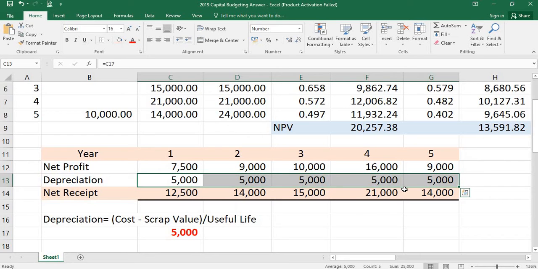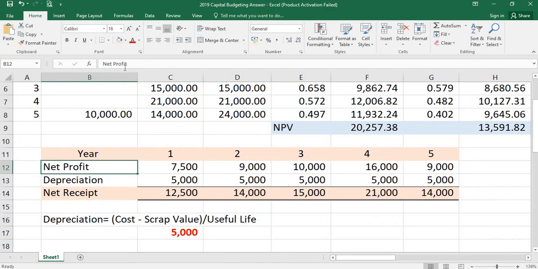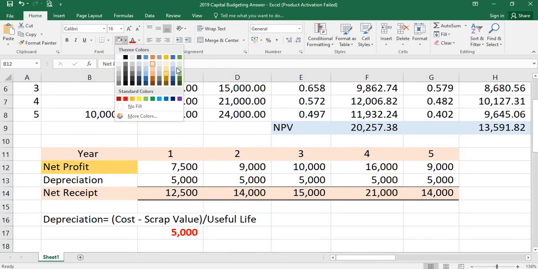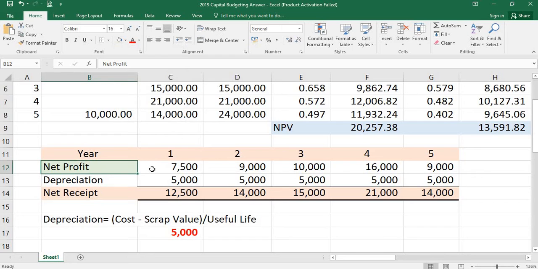When we are calculating the net profit, we would have deducted depreciation and then found net profit. What we discussed, depreciation is a non-cash item.